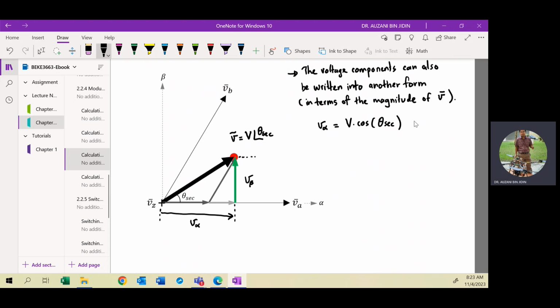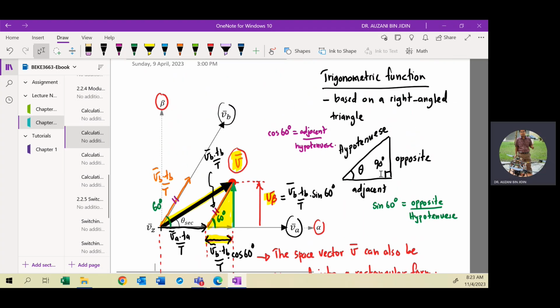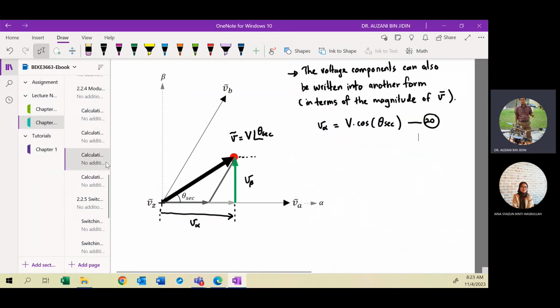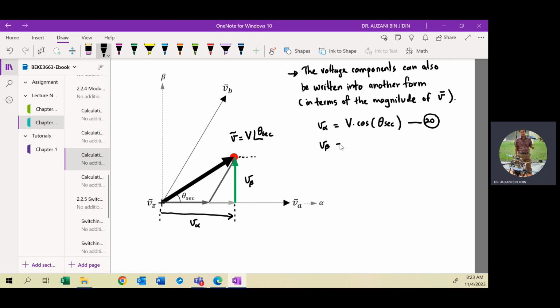So this is equation number 20. You can apply the trigonometry function from this page: sin theta is opposite divided by hypotenuse, and cos is adjacent divided by hypotenuse. So you apply the trigonometry function to obtain this equation for V alpha, and the same goes for V beta.